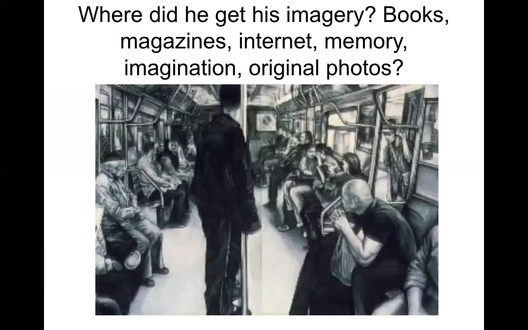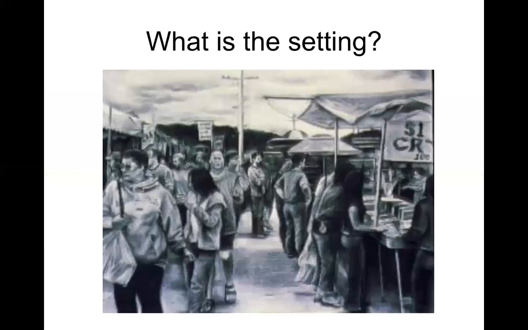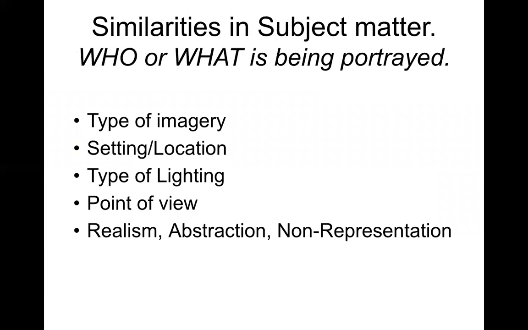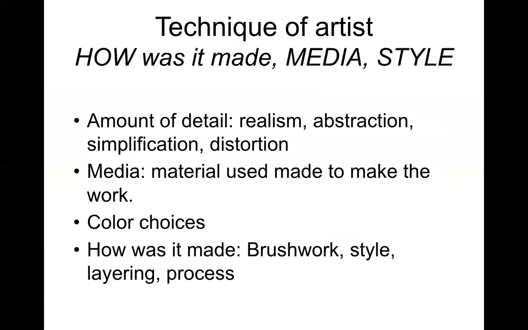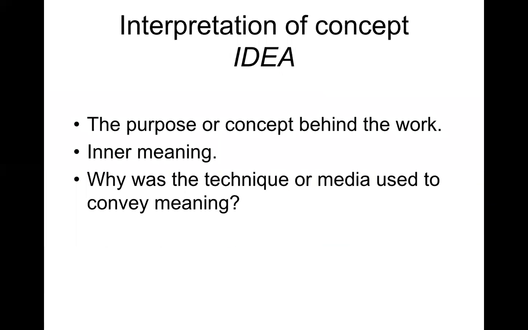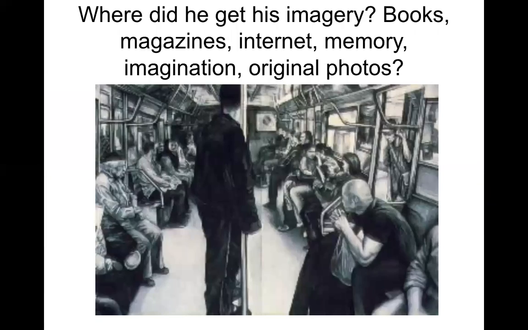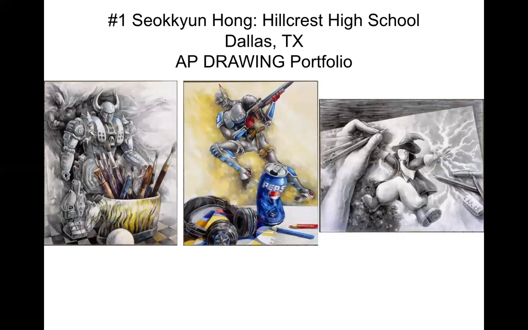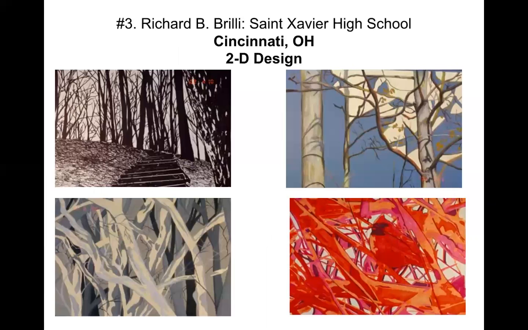And so when you're focusing on their work, what do you think is the similarities in subject matter? You know, what is the subject matter? What do you think the technique is? And what do you think it's about? So take some time to contemplate it and then push play when you are ready to go.